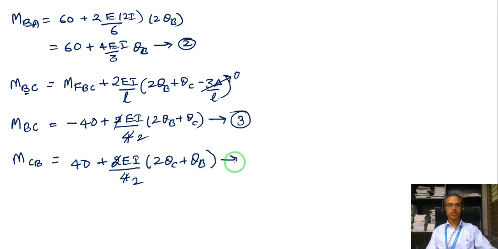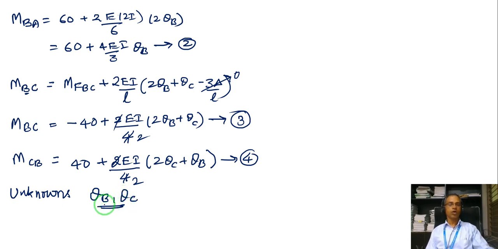So this is equation 4. Okay, now carefully look at what happens here. These are the basic slope deflection equations we have written here. Now we have unknowns. The unknowns are theta B and theta C.